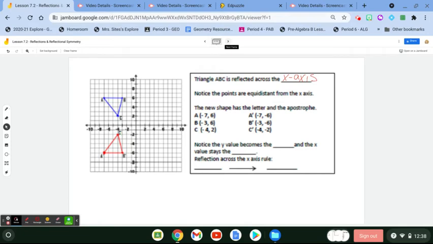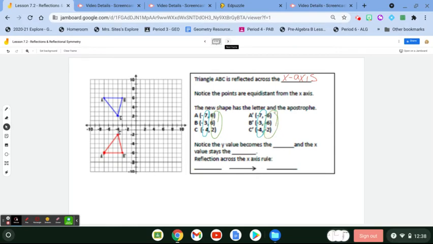If you look at your vertices and take a look at these points, you can see that the x values, -7, -3, and -4, are the same for both the pre-image and the image. The thing that changes when you have a reflection across the x-axis are the y values.